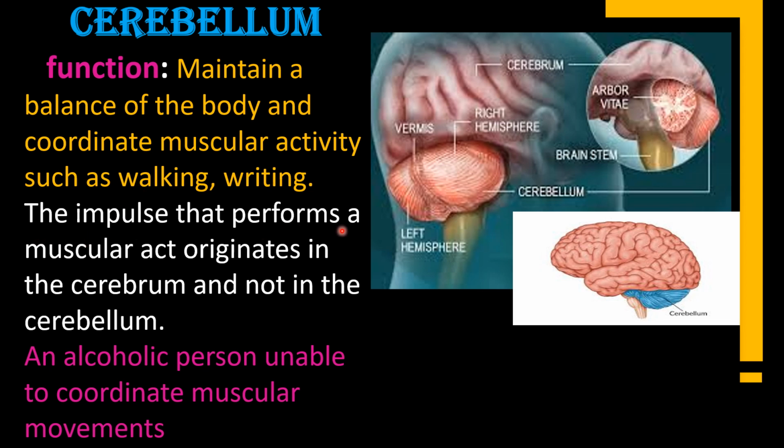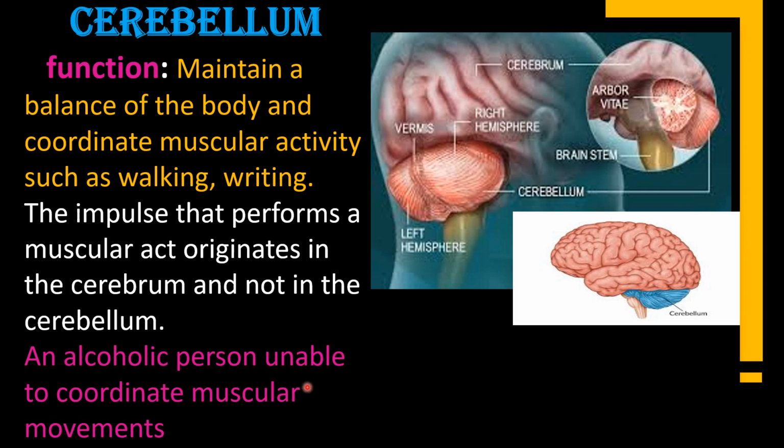The impulse that performs a muscular act originates in the cerebrum and not in the cerebellum. This muscular action originates in the cerebrum, then coordination happens in the cerebellum.